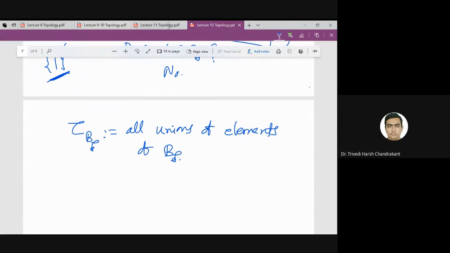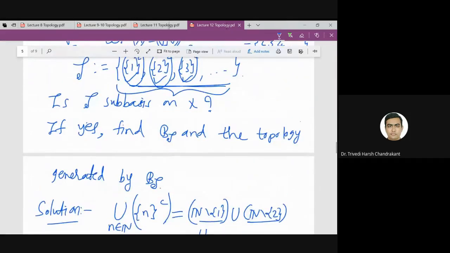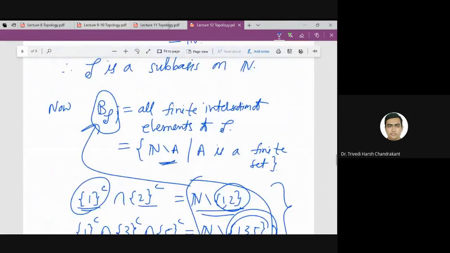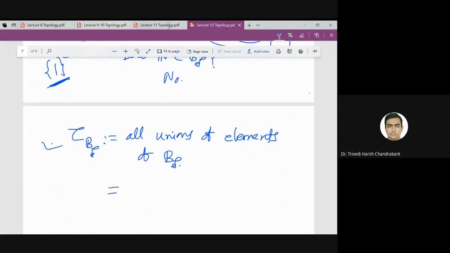So now we have a basis. The question is, what is this set? Clearly all the elements of the basis will be in the topology, right? Because we are taking all the unions, so clearly this set is there. So N minus A, where A is a finite set, is a basis, so this is anyway a subset of the topology.